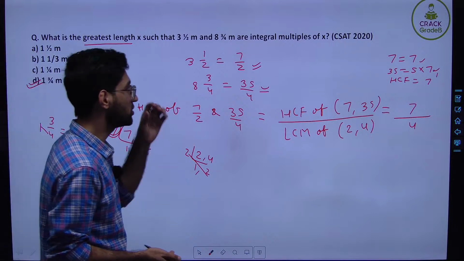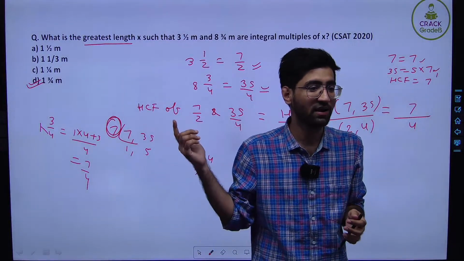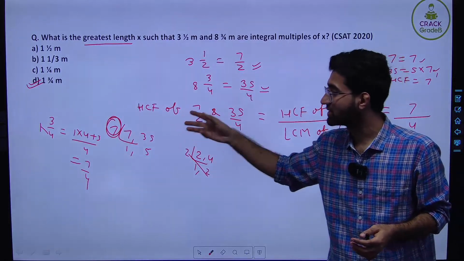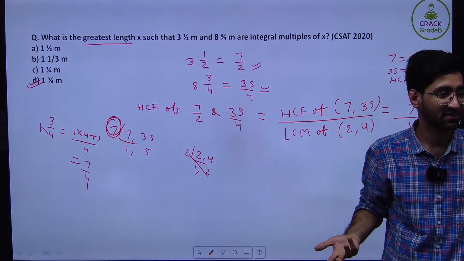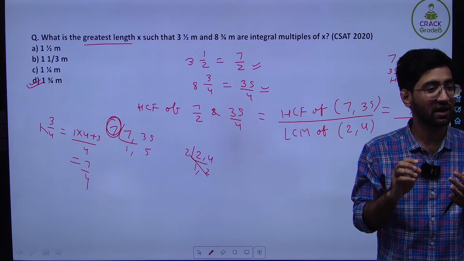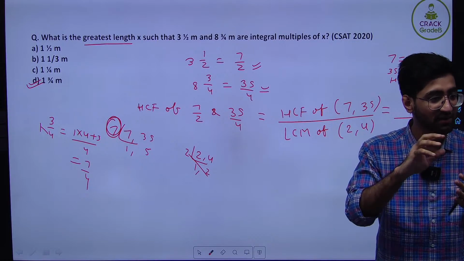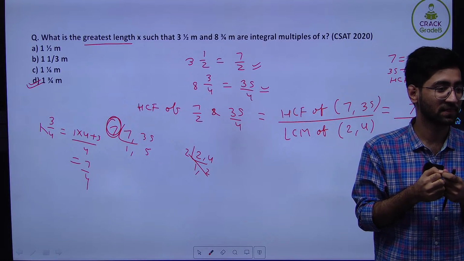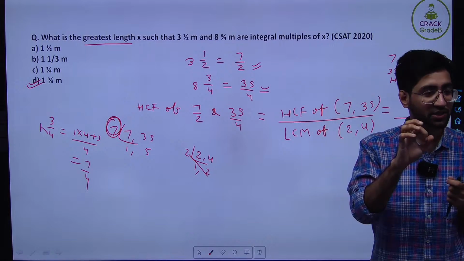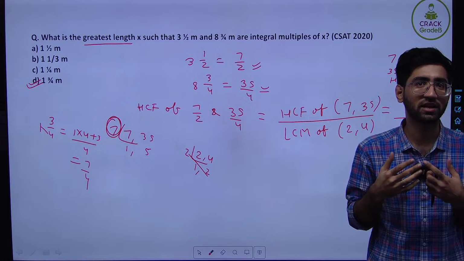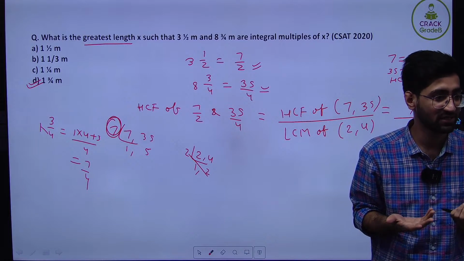So tell me, do you really find the questions difficult? Right? It is all about using the concept of HCF of fractions. So trust me, CSAT asks few easy and medium level questions each year. You only have to identify those questions. And you should be good at solving those easy or medium level questions. Why to struggle so much to solve difficult questions, right?